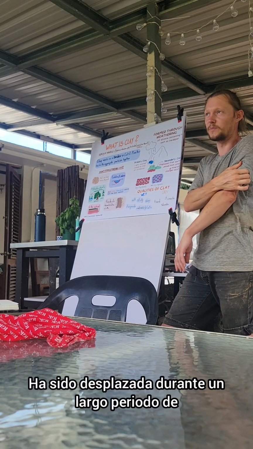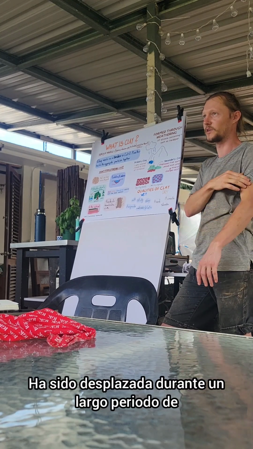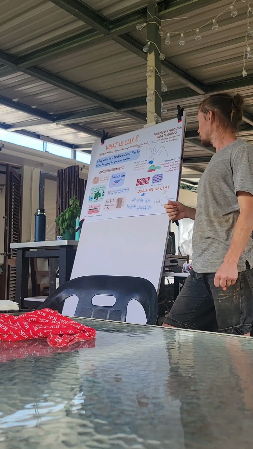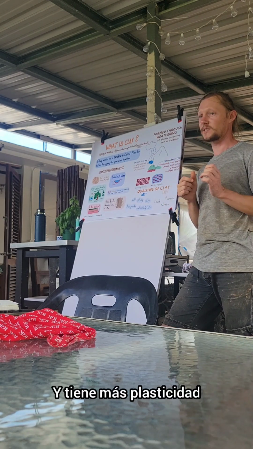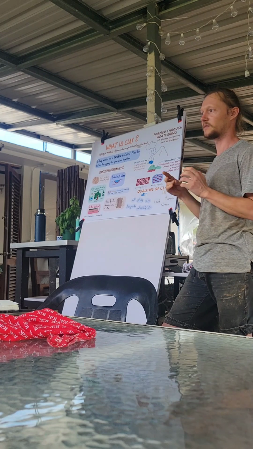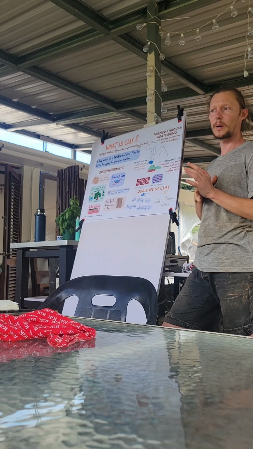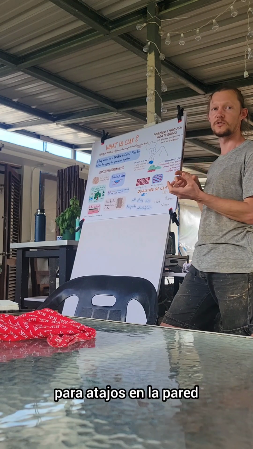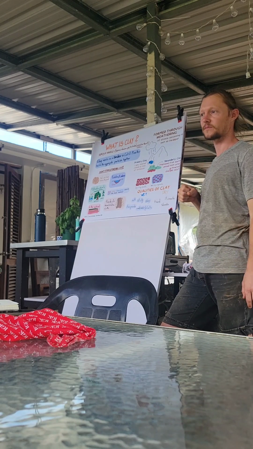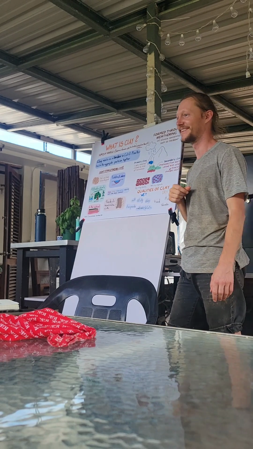Right. It has been replaced over a long period of time. And it has more plasticity, the secondary clay, and it's often used, for example, for tiles on the roof. And for cob.